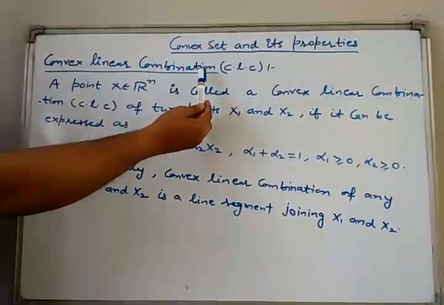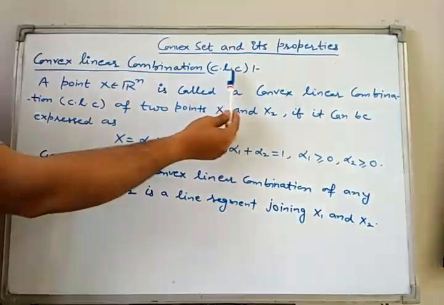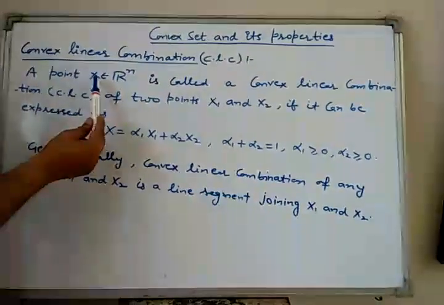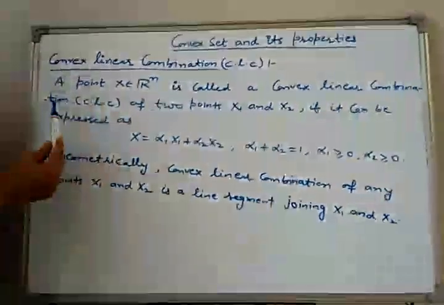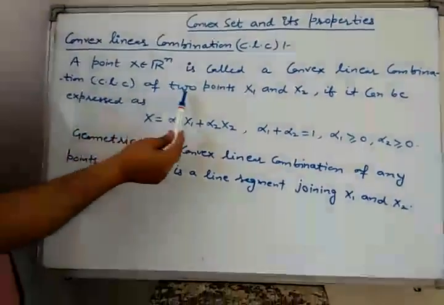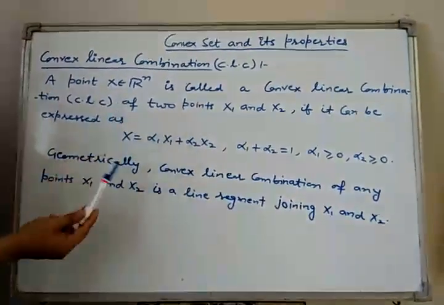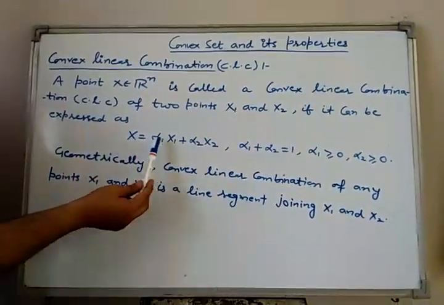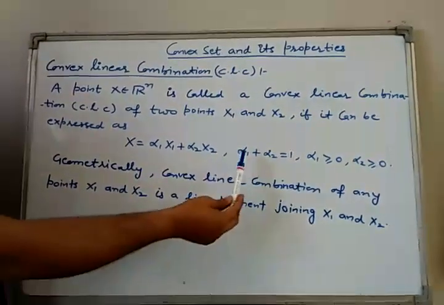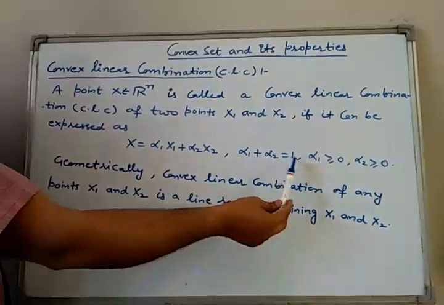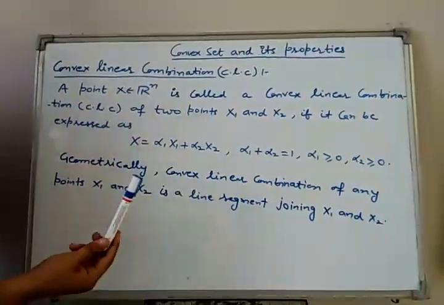Convex linear combination. The short form of convex linear combination is CLC. A point x in n dimension is called a convex linear combination, or CLC, of two points x1 and x2 if it can be expressed as x equal to alpha 1 x1 plus alpha 2 x2 with the condition on scalars that their sum is 1 and all scalars are non-negative.